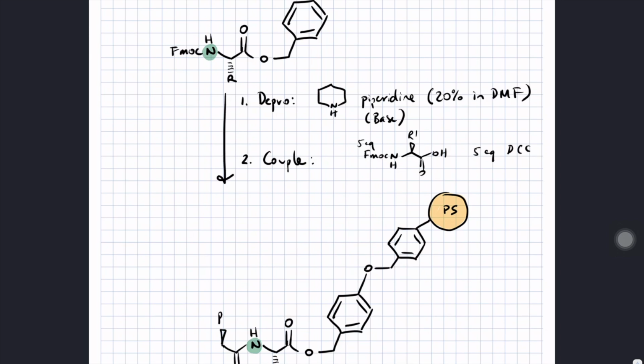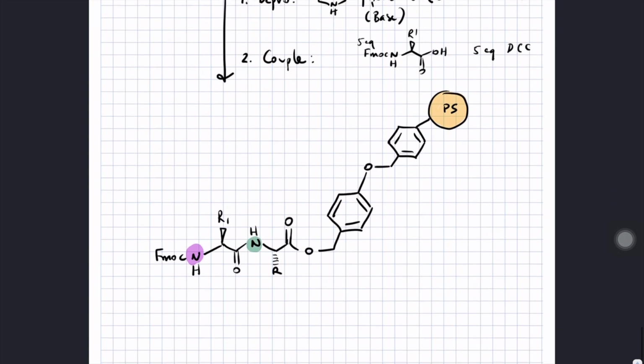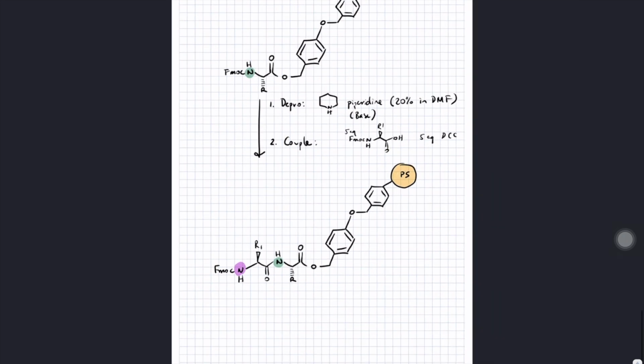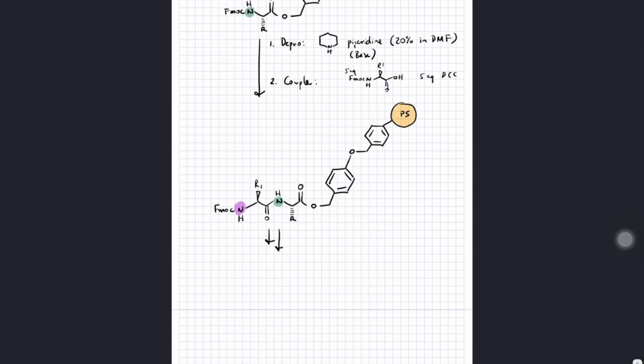So here is our new R1 side chain, and then here is the Fmoc protected purple amino group, and we're going to continue on repeating cycles of deprotection and coupling until we get to the very end, and the last step will be one final deprotection step to remove the last Fmoc group.